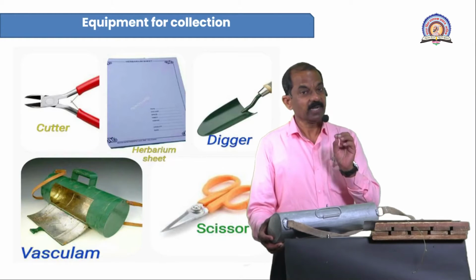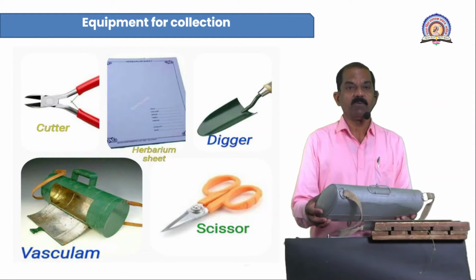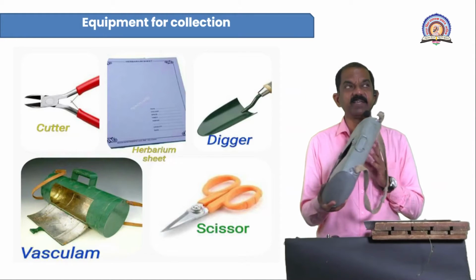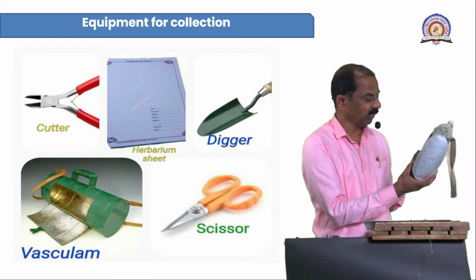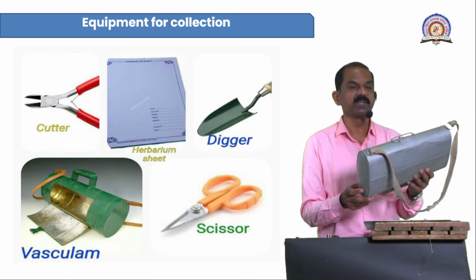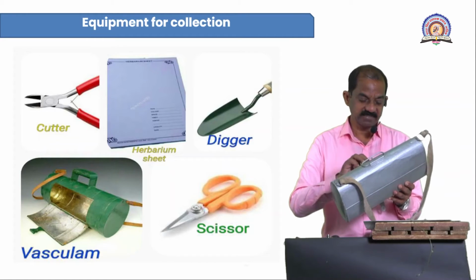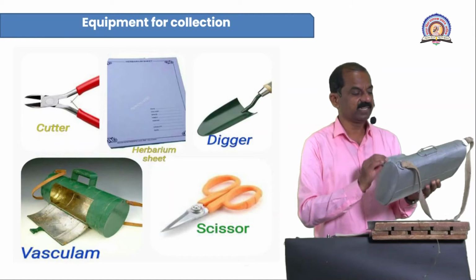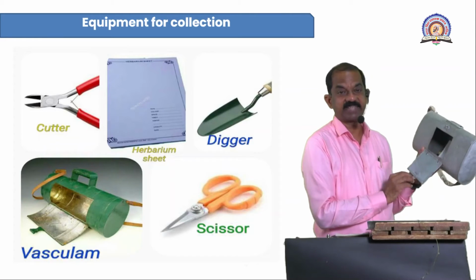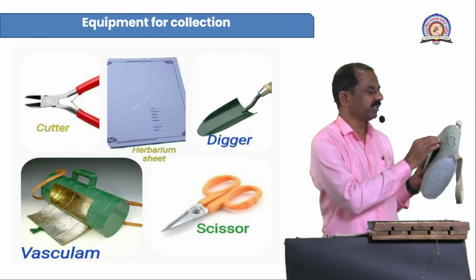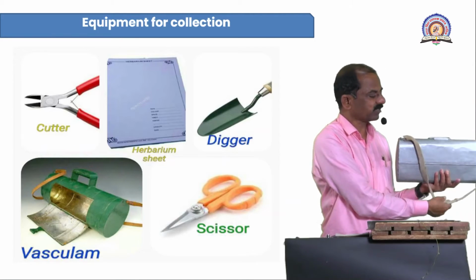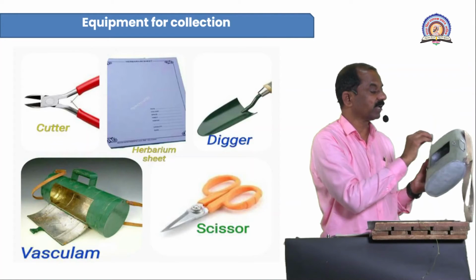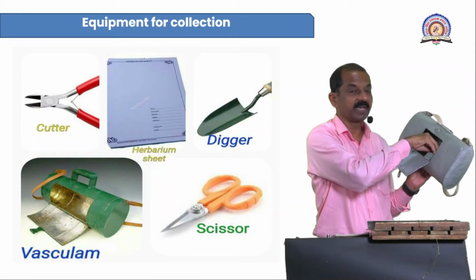After collection of the plant specimen from the field with the help of a cutter or a digger, this is the equipment known as the vasculum. The vasculum is a metal container with a small opening. It is a small box having a belt, which we carry from one place to another, and in it we collect a number of plant specimens.